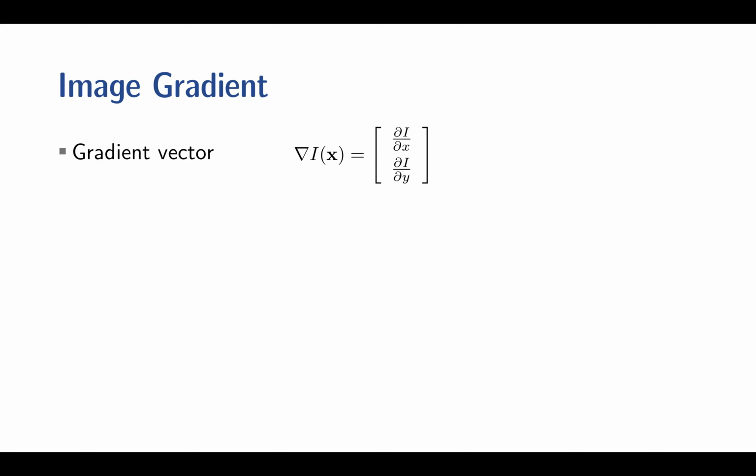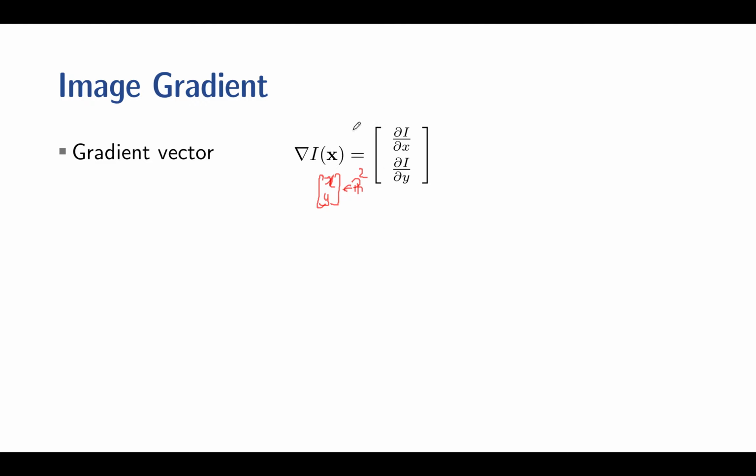So I write this as nabla I of x, where boldface x is the vector (x, y), your pixel location, which belongs to R2. That's what we were discussing in the previous module, the location. But now at every location you have an I, which is the pixel value at that location, indexed by a 2-vector x. The nabla symbol defines the gradient operator, which is the two partial derivatives: the partial derivative of I with respect to x and the partial derivative of I with respect to y.